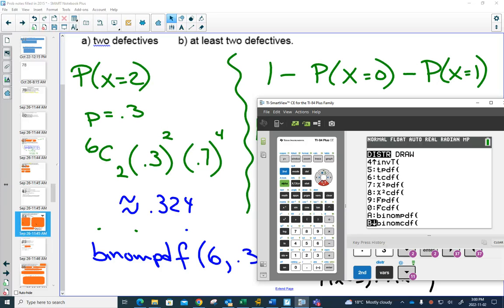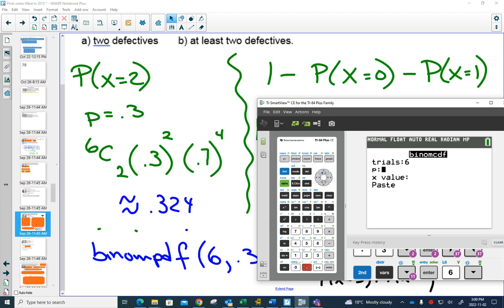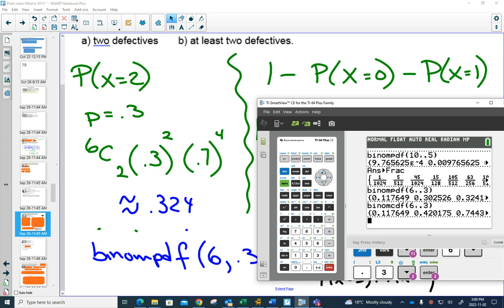So if I do binomial CDF, 6 trials, 0.3, and paste it. Notice the first ones are going to be the same. My second one of my CDF is my first one and second one added. 0.42 is what you would get if you added the first 2.